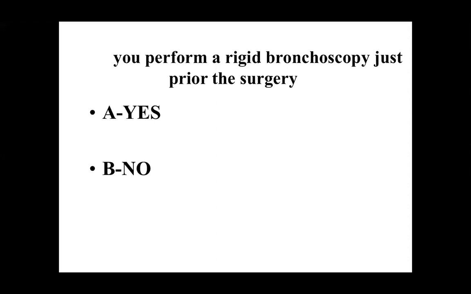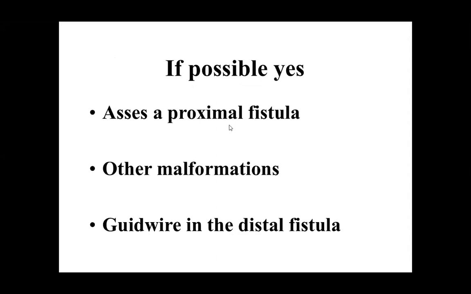Okay. So the majority chose to not perform a rigid bronchoscopy prior to the surgery. Here, I can tell you that if possible, perform a rigid bronchoscopy. It will be very useful. First of all, it can help you to assess a proximal fistula.